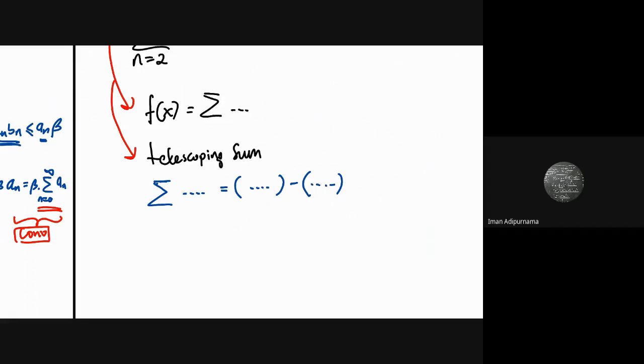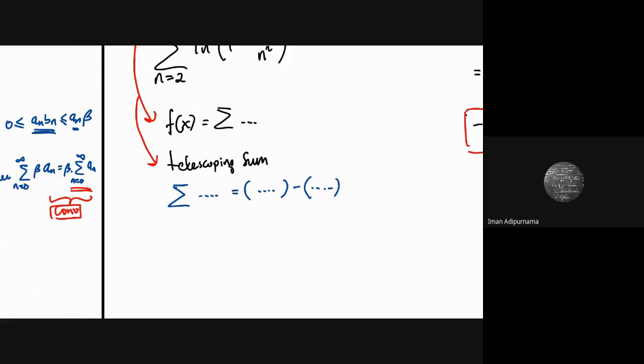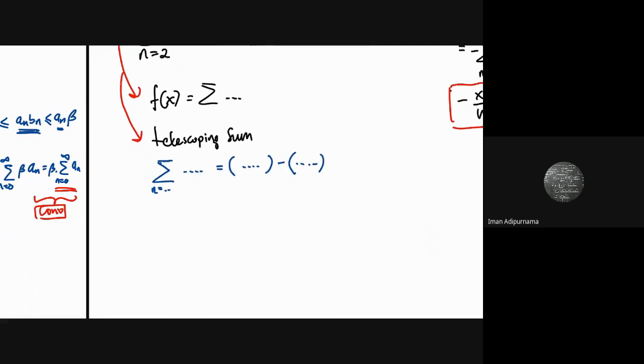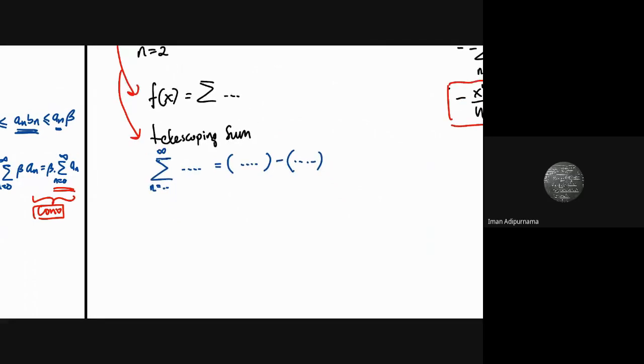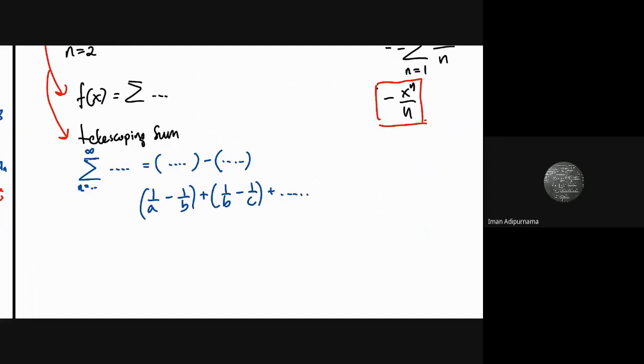It's not important, but at least telescoping sum means for some particular n until infinity, you will have, for example, from a minus b and then plus b minus c, and you are going to do that until you have the last part in which you have maybe 1 something minus maybe n, the last part.